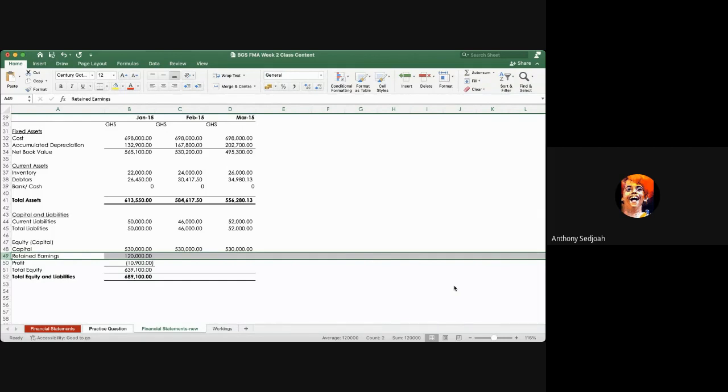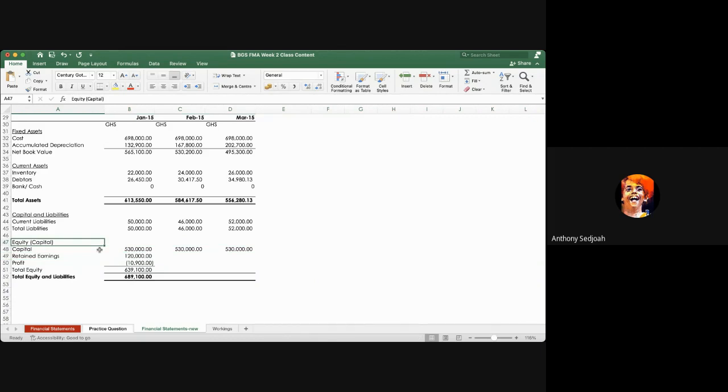Yeah, correct. So retained earnings is basically the profits that the company has made. But instead of spending those profits or using them to buy any other thing, they keep them inside the business. That's the reason why the retained earnings comes under the capital or the equity section. Because if you make profits and you don't spend it, it goes back to add up to the capital you have.